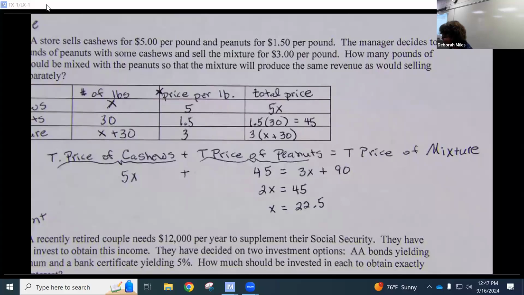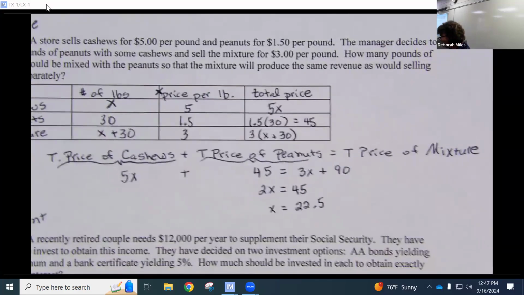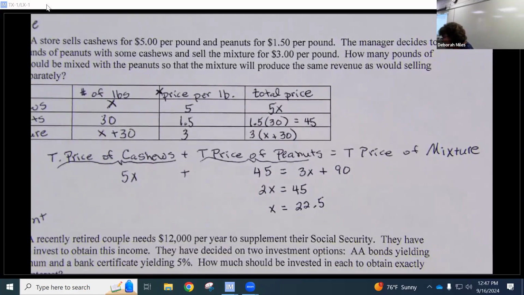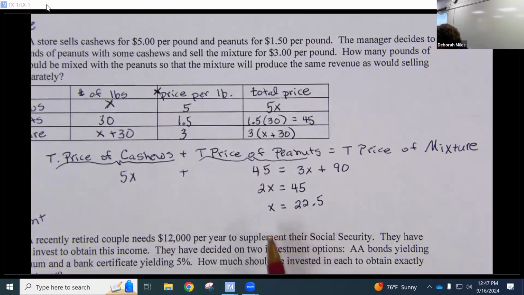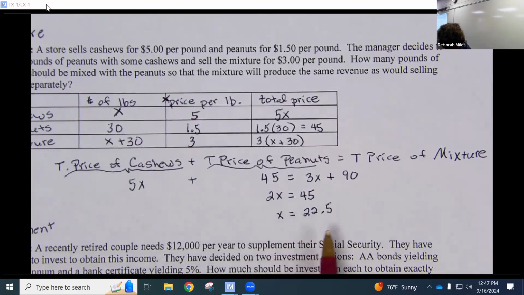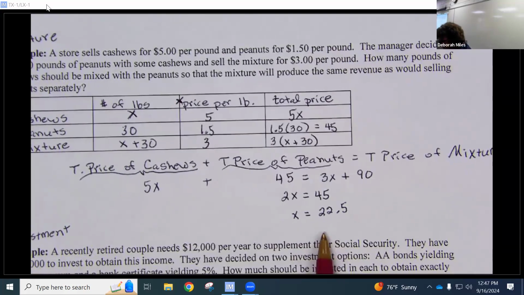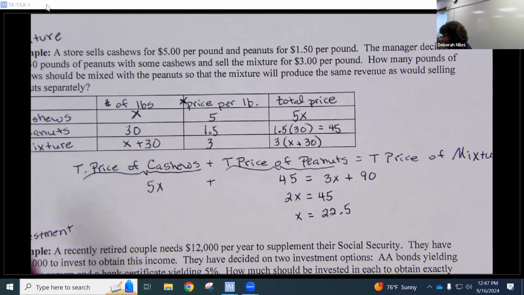You also need to, I mean, the answer to this problem is not x equals 22.5. Ms. Sexton doesn't know what X is, we didn't tell her. We've got to look back at the equation, or look back at my table and say, what is that X? What did X represent on my table?